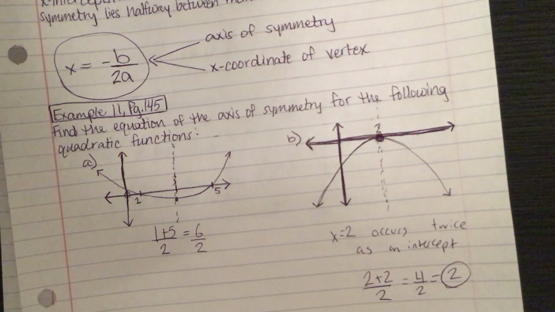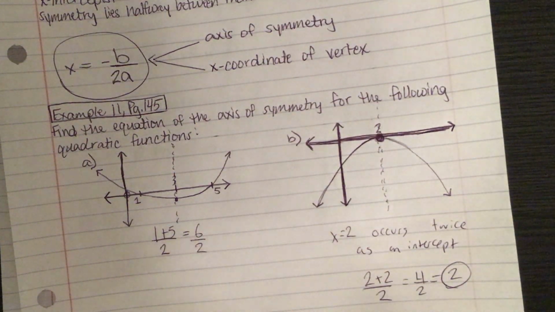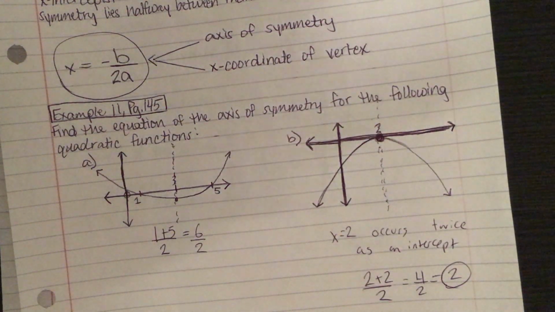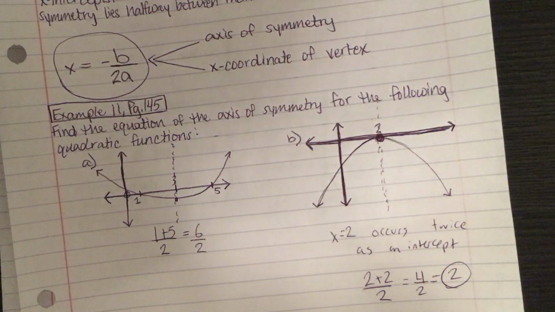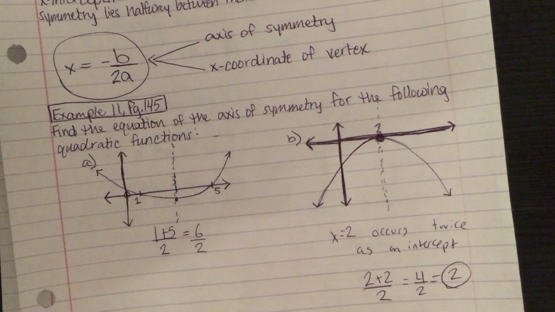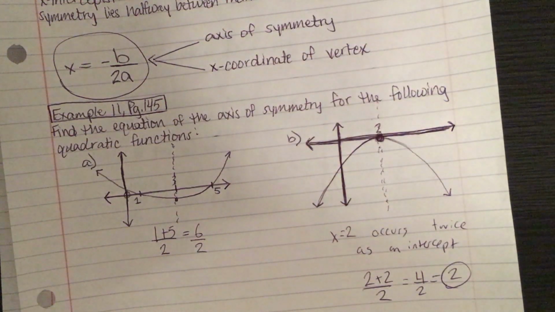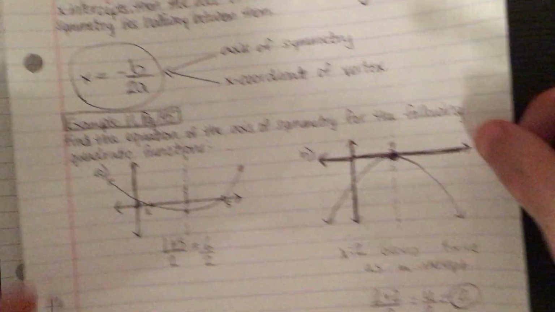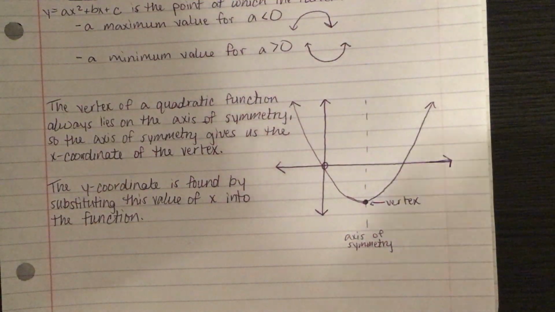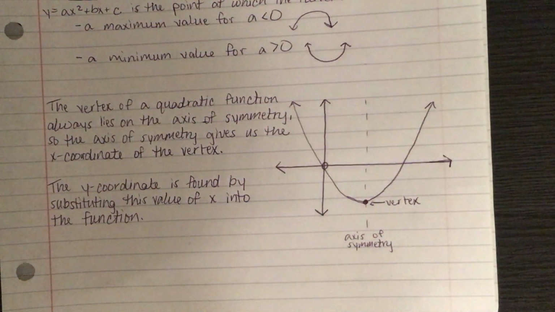And if you're wondering where that comes from, there is a very descriptive, broken down proof of that in your book. I am not going to get into that in the notes because that would personally take forever. We're looking at a little bit of what the quadratic formula looked like, which we're not going to get all the way into, just to give you an intuition where this stuff is coming from.